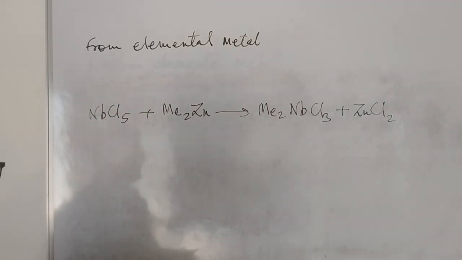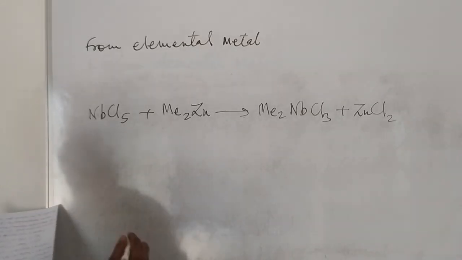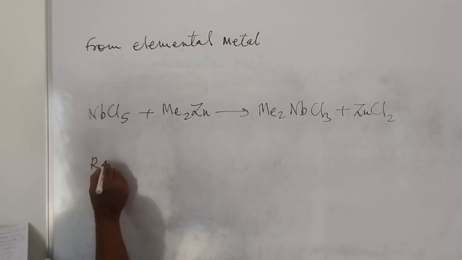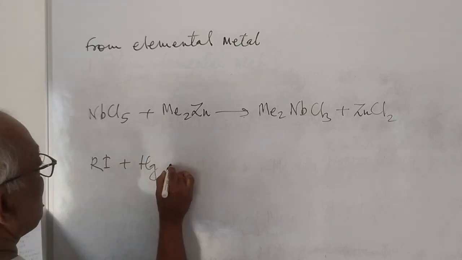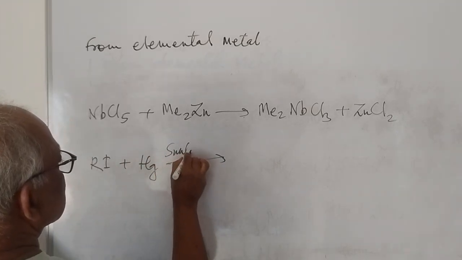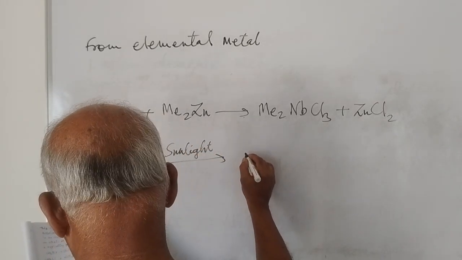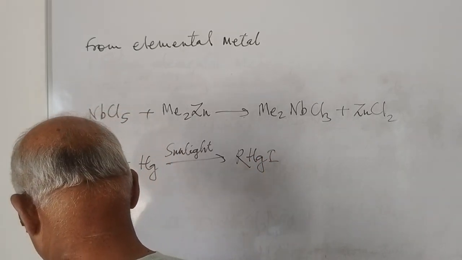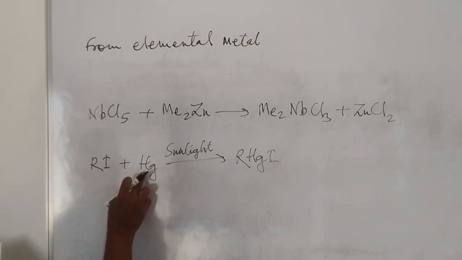Then if we want to prepare magnesium alkyls, mercury alkyls, if we want to prepare mercury alkyls, then we can use this alkyl iodide plus Hg in presence of sunlight. It gives RHgI. Here we have used mercury in the elemental state.